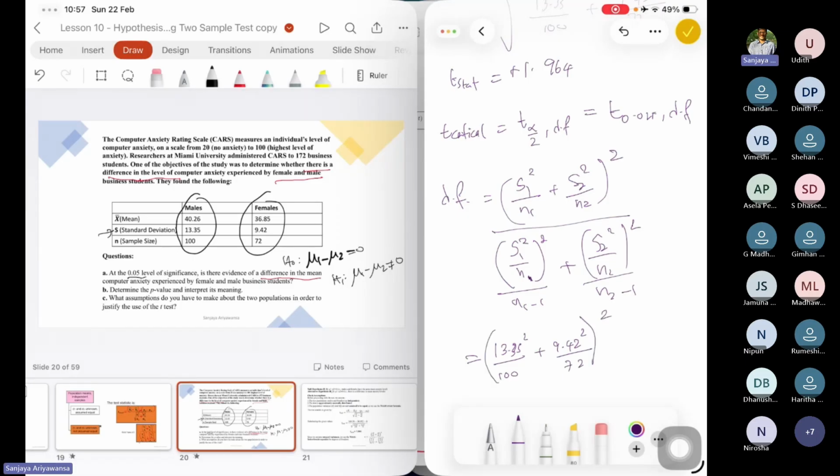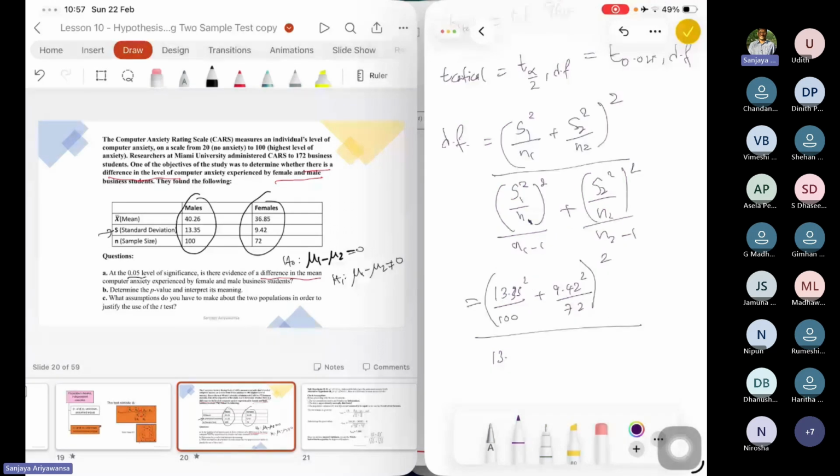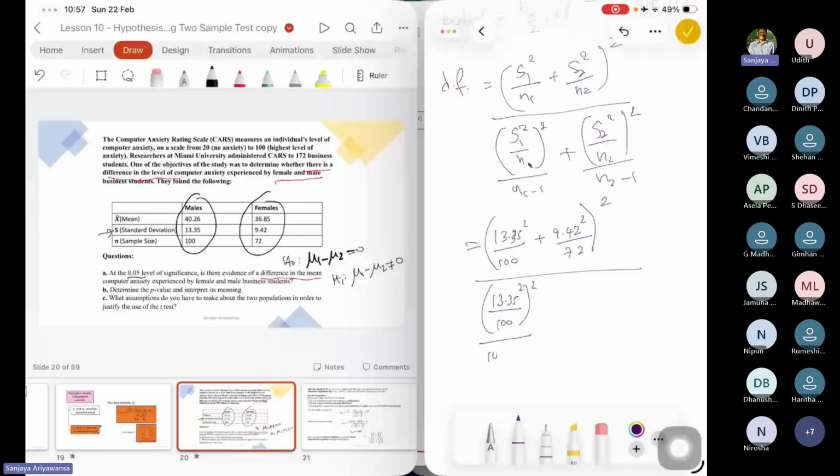That whole thing squared, divided by 13.35 squared divided by 100, divided by N1 minus 1, which is 100 minus 1, plus 9.42 squared divided by 72, that whole thing squared divided by 72 minus 1.